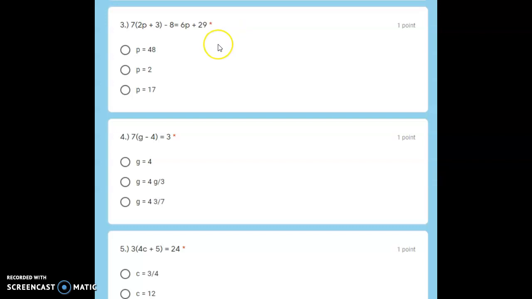Ooh, this one looks very complicated, right? On number 3, you not only have to remember to do your distributive property, but then you also have to think of PEMDAS and remember to do your order of operations. This is going to be interesting because both sides of your equation have a p variable, so you're also going to have knowledge of combining like terms.